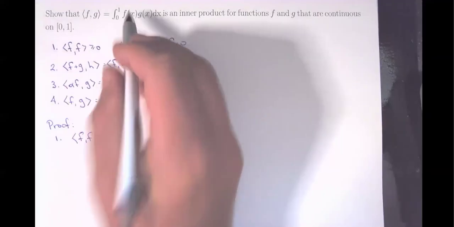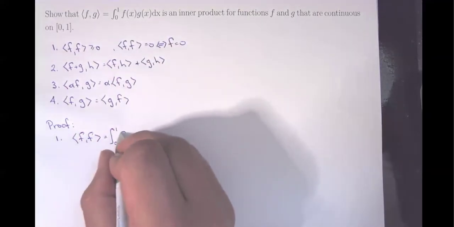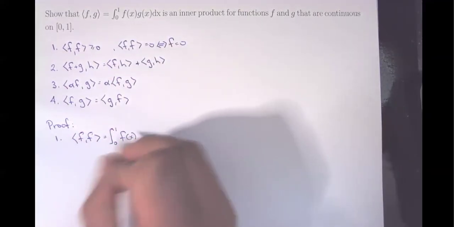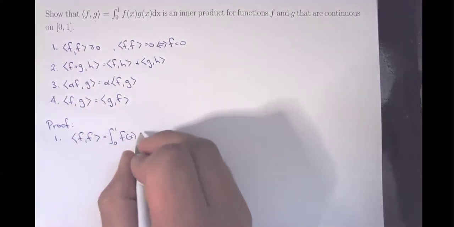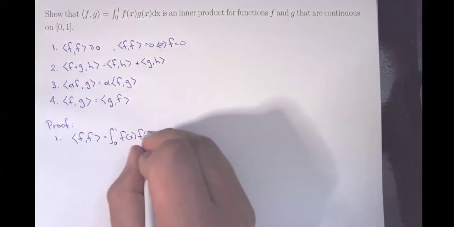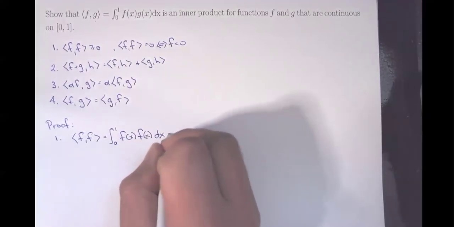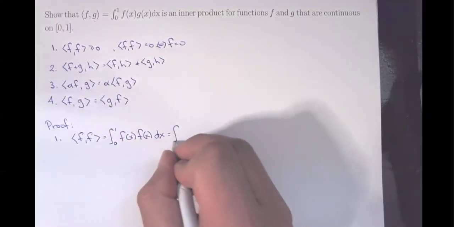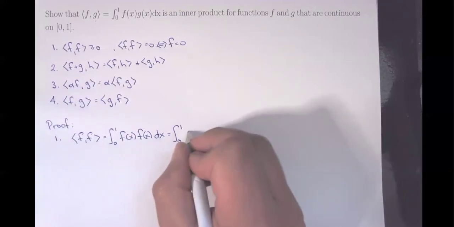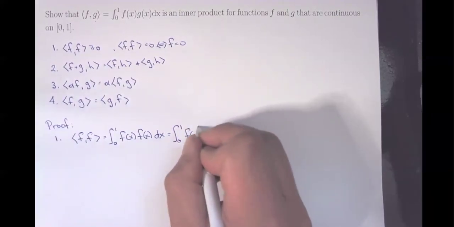So the first component is f, so here it's going to be f of x. And the second component, here is g, here is f. So f of x times f of x dx. So that's the integral from 0 to 1 of f of x squared.